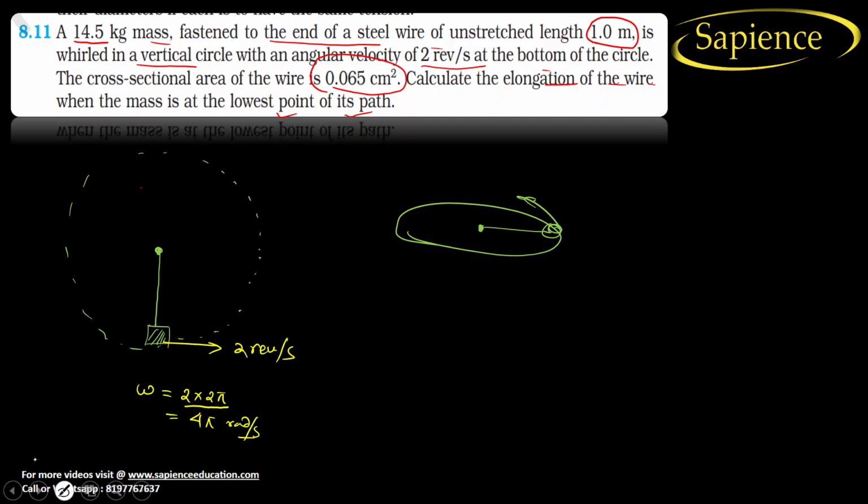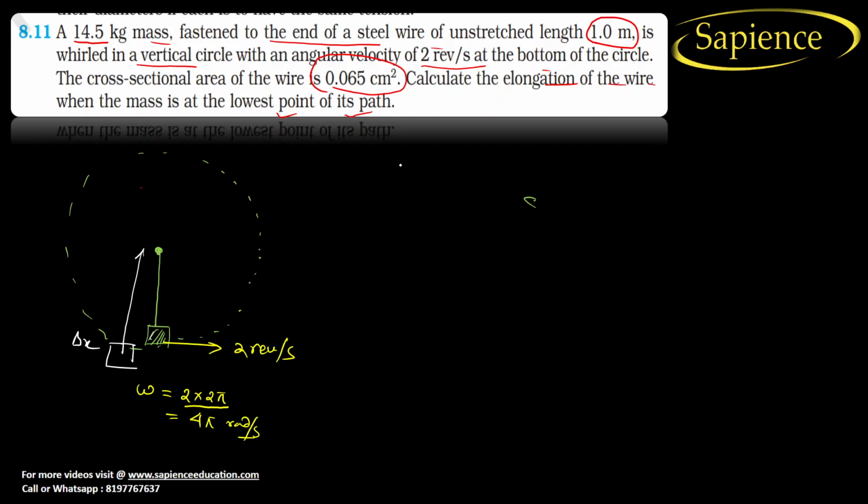Now try to understand, when we talk about the elongation, when you try to move or whirl the mass, due to the load there will be an elongation of the wire. It may be delta x. So you know how to find the elongation. We have a basic formula: stress is equal to Young's modulus of elasticity into strain.